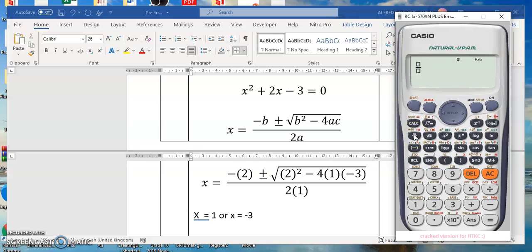Remember, we are still learning how to use the calculator. So you first press this for the numerator and the denominator.